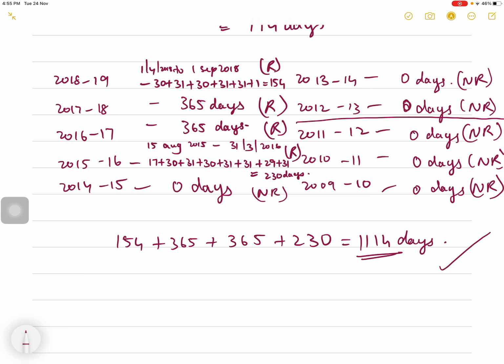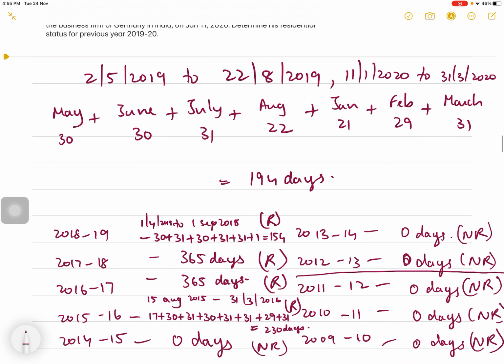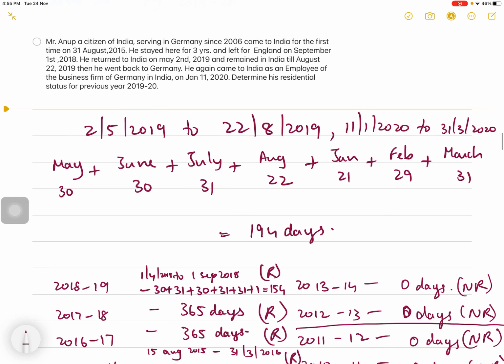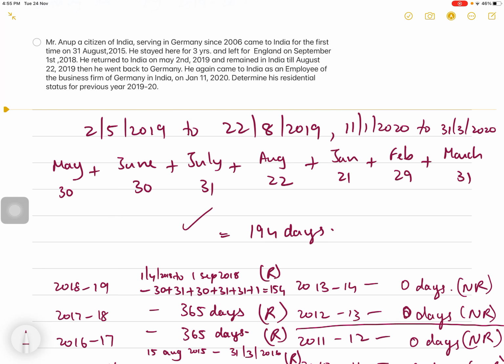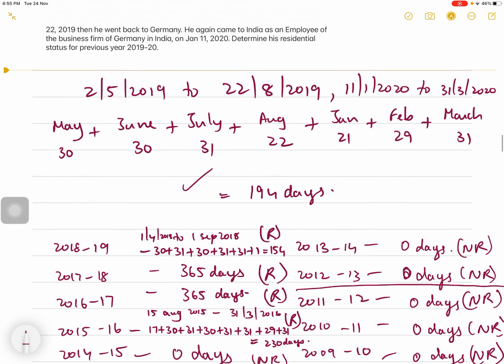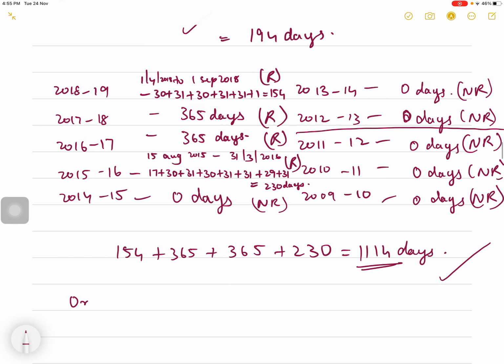So he satisfies both the additional conditions. Therefore, he is ordinarily resident. He satisfies the first basic condition, and he also satisfies both the additional conditions. Therefore, he is ordinarily resident.